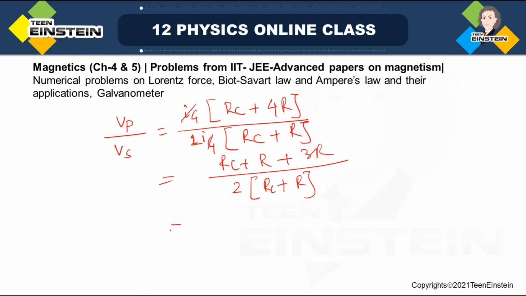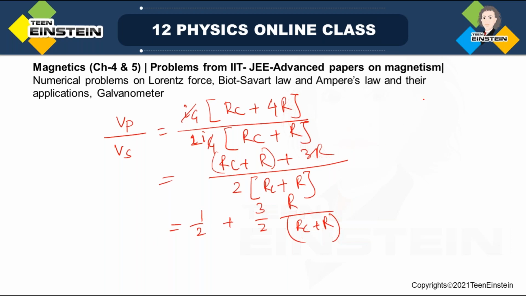So what we can do here is, Rc plus R, this part we'll take along with this, so we'll get half plus 3 by 2 into R by Rc plus R, that is 3R by Rc plus R. So 3 by 2 is 1.5 anyway.